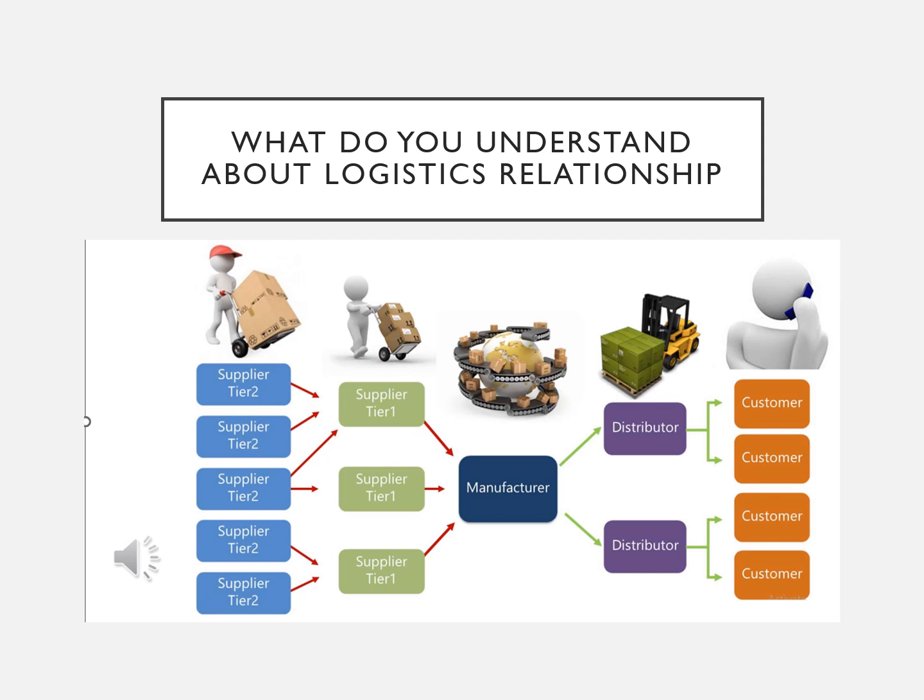Okay, before we discuss the logistics relationship further, I want you to recall in the first module that we have a few parties involved in the logistics process. As shown in this figure, there are a supplier, tier 1, tier 2, the manufacturers, the distributors, and of course, at the final stage, the customer.